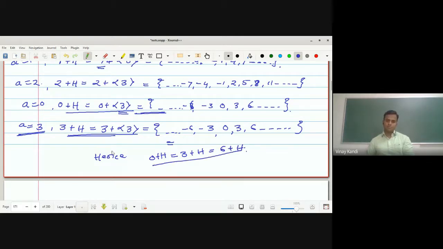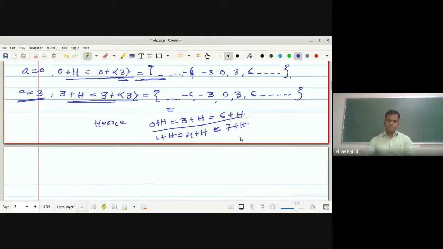Similarly, 1 + H = 4 + H = 7 + H. This whole set is the same. So here, G by the subgroup generated by 3: how many elements does Z upon the subgroup generated by 3 contain? 3 elements.